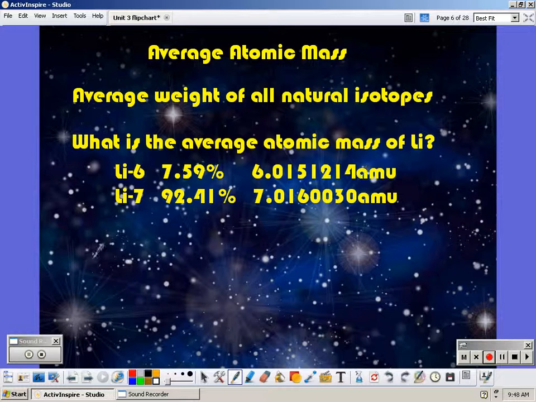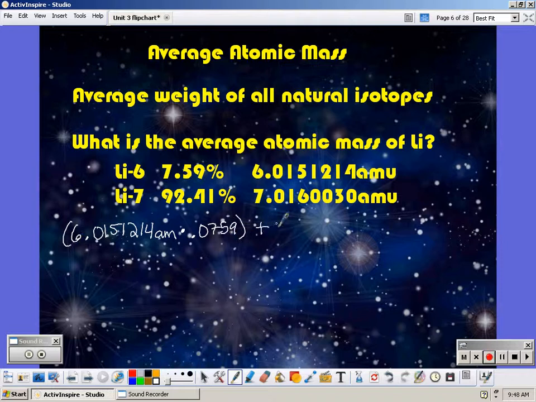So we're going to take our mass as specific as they give it to us, and we're going to multiply it by the percentage, but we want to take it out of a percent. So it's going to be 0.0759. In other words, you're going to divide it by 100. And we're going to add it to our other percent.